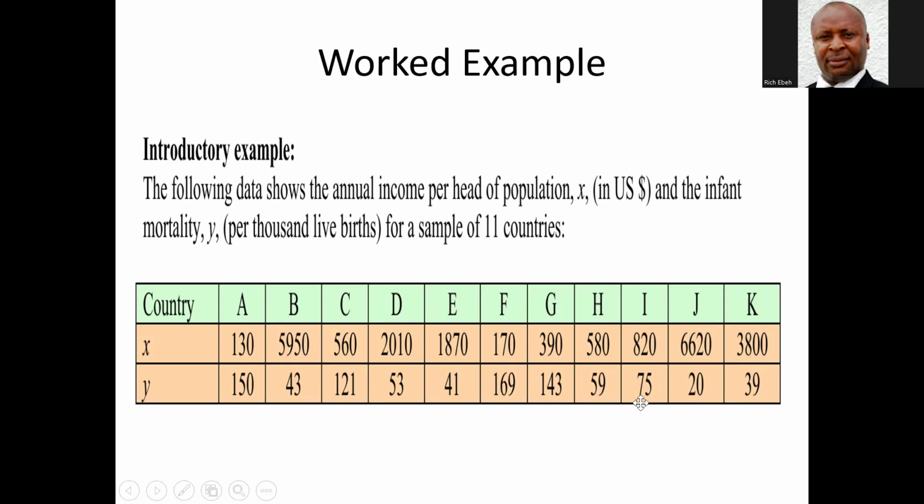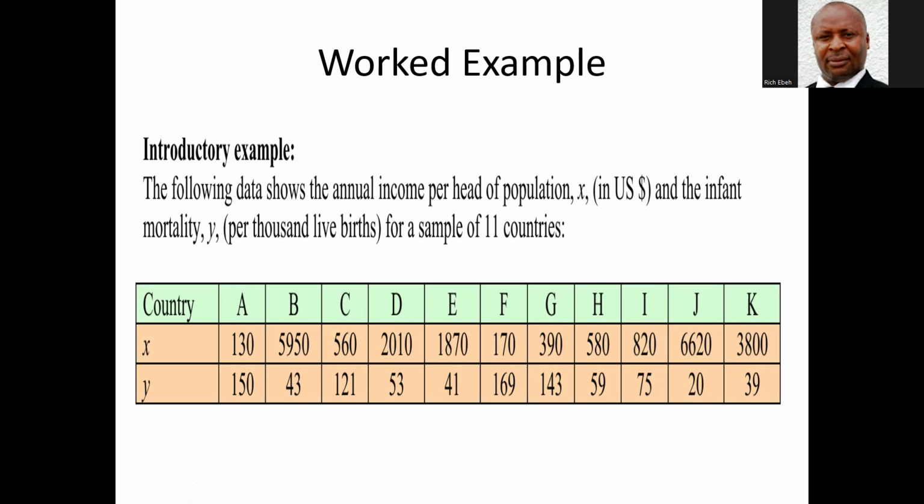So you see that there is one unique thing about this data set. The income per head does not actually increase according to the infant mortality ratio.